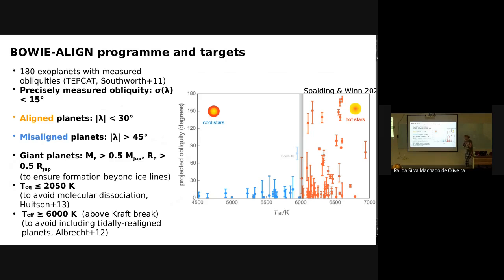the measurement of the stellar spin is a quite tricky thing. So what you do is you see the blue shift, so the part of the star that rotates towards you, and then you see the red shift, or the part of the star that rotates away from you, and then you have the planet cross.